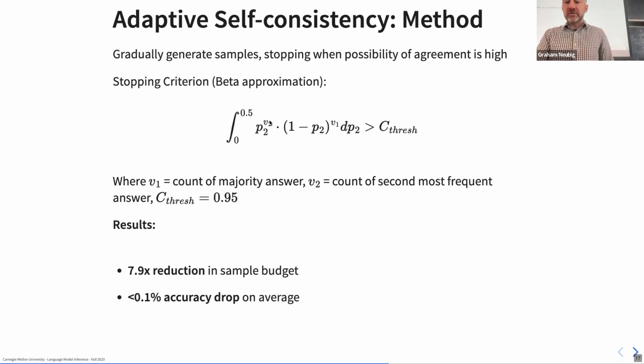P2 is the probability of the second most probable output, and V2 is the count of the second most probable output. V1 is the count of the first most probable. You can look at the paper for the full derivation of this.